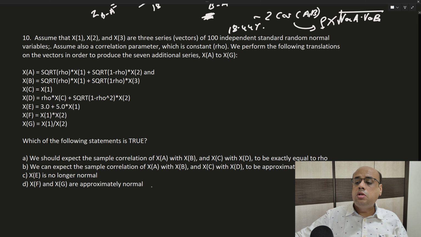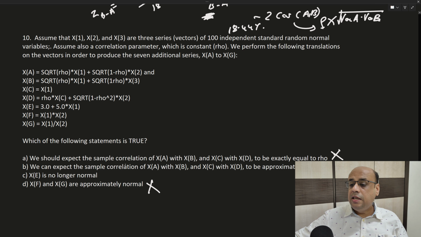Never, because normal is additive, not multiplicative, right? xf is x1 into x2, xg is x1 by x2, so it is not correct. This is false. Then we should expect the sample correlation of xa with xb and xc with xd to be exactly equal to rho. This is also not correct.